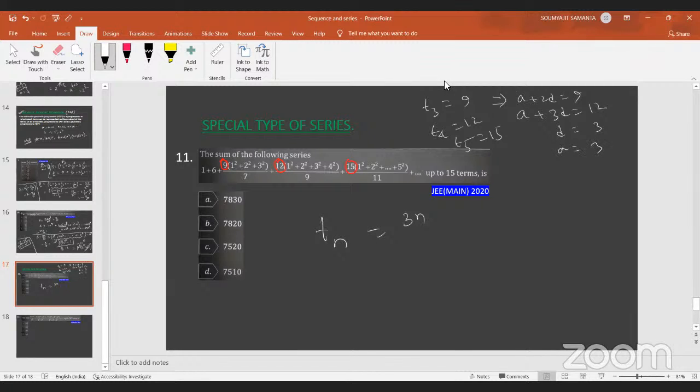A is also 3. So what is Tn? A plus n minus 1 into D. A is nothing but 3. If you solve, you will get 3n.